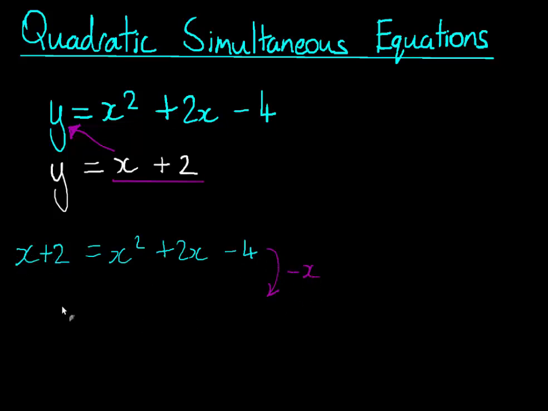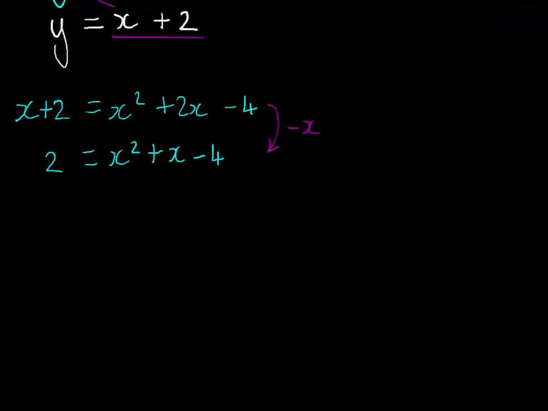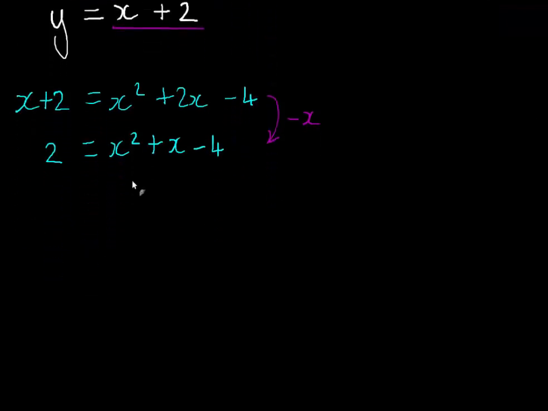If we minus an x, that will give us 2 equals x squared, and then we've taken away one x, so we just get left with an x on its own here, minus 4. So we've taken x away from both sides. And then the next part, we need to just get rid of the 2. So we can do that by subtracting 2 from both sides. So minus 2. So that will give us 0 now. We've taken away the 2, equals x squared plus x, and then subtract 6, because we've taken 2 away from that.